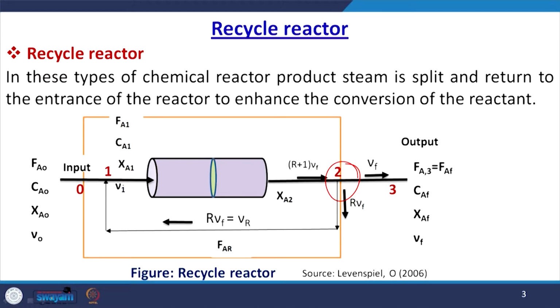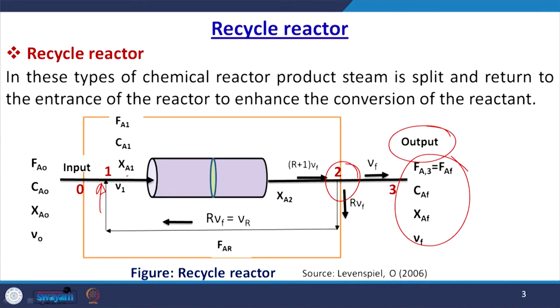So, at the outlet you may separate those and send them back to the inlet of the reactor for better conversion, and the rest you may have as an output.